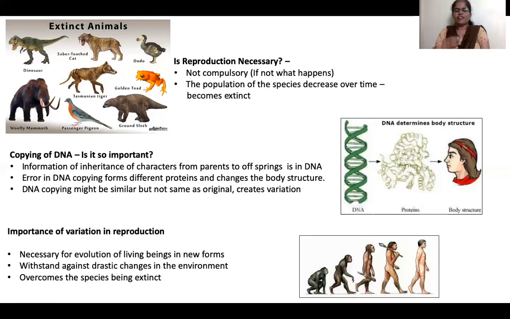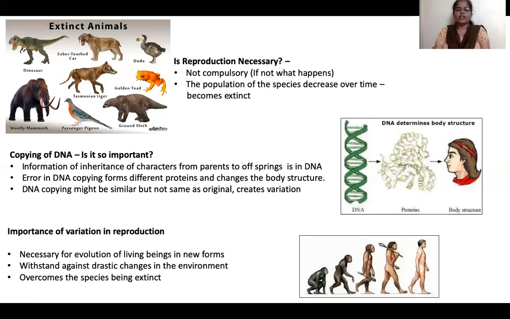For example, if one parent has 4 children, 4 daughters or 4 sons, we can see some kind of variation within those 4 kids, right? Because though DNA copying looks similar, it is not exactly the same as the original. So it creates variation.